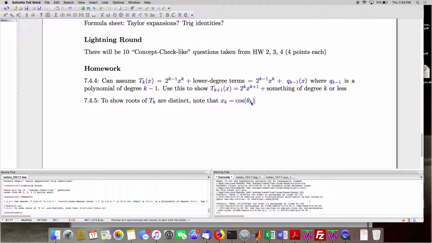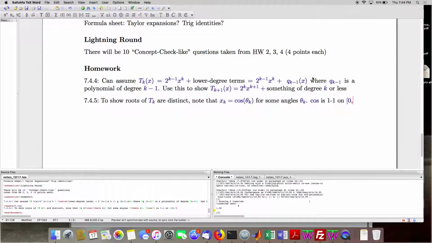I'm not writing out the theta_k here, but that's in the formula for the Chebyshev points that you're supposed to show. As I stated earlier, cosine is one-to-one on the interval 0 to pi.